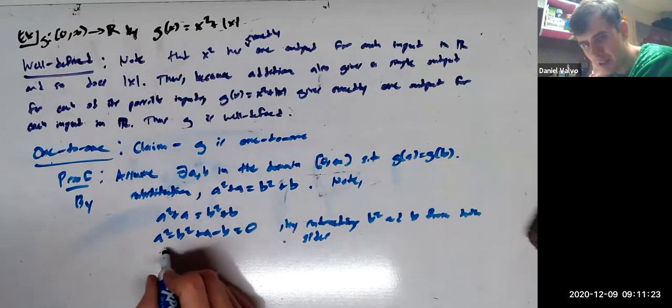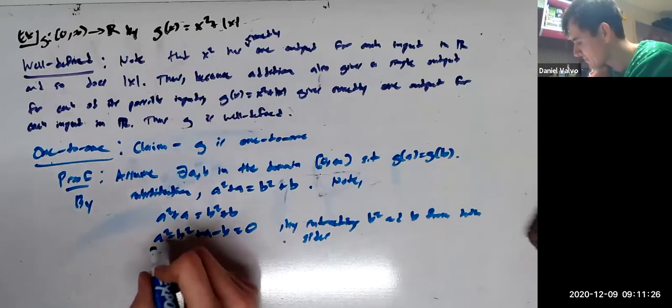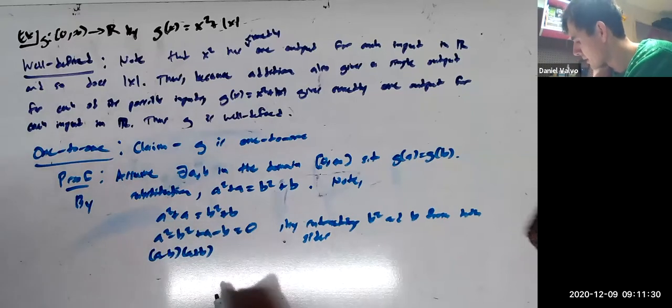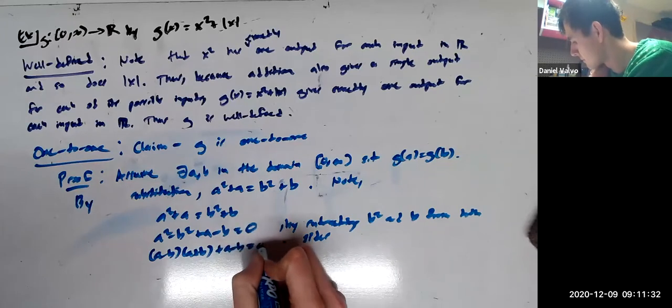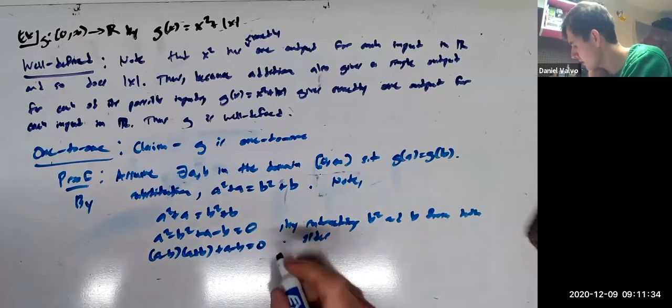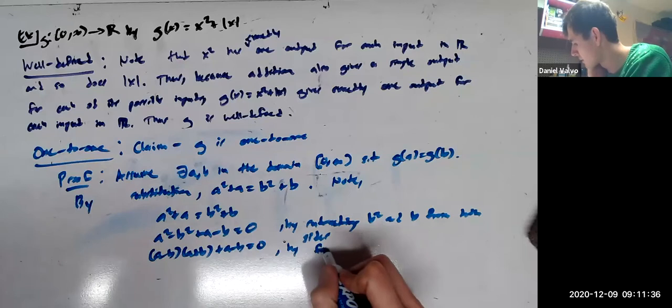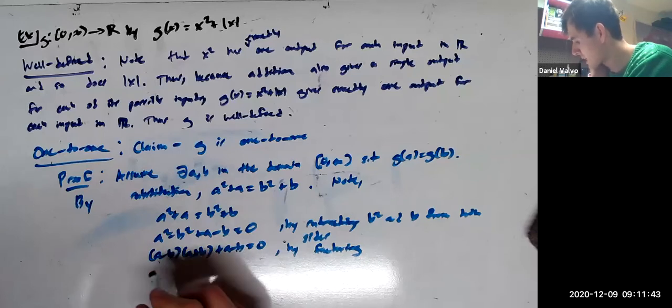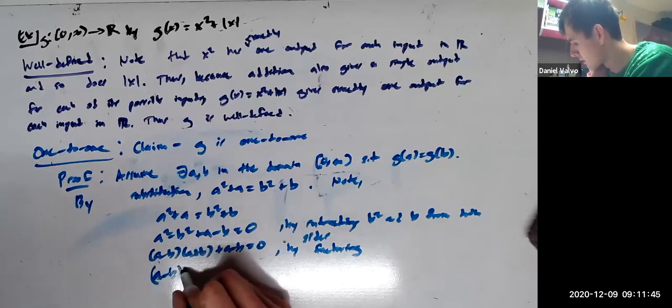But notice we can factor a squared minus b squared, because a squared minus b squared equals a minus b times a plus b. And that just stays the same. This is by factoring. Then we have an a minus b here and an a minus b here, so we can factor again.